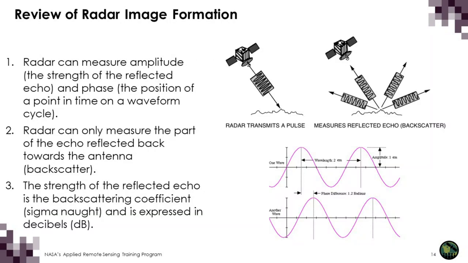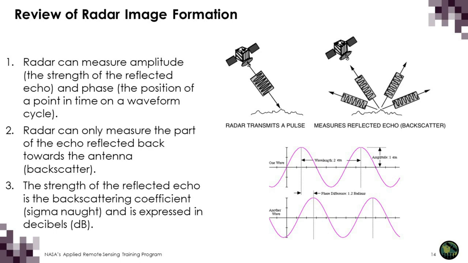Most radars measure amplitude and phase, and amplitude is the strength of the reflected signal. The amplitude is the backscatter coefficient. It's also known as sigma naught, which is the fraction of incident energy scattered back to the antenna per unit target area. Sigma naught is expressed in decibels, and you do this by taking the log 10 of the energy ratio.